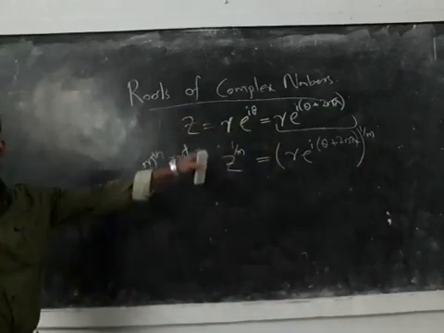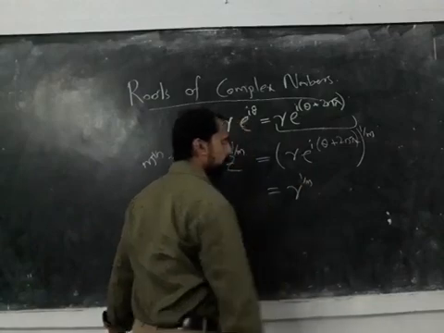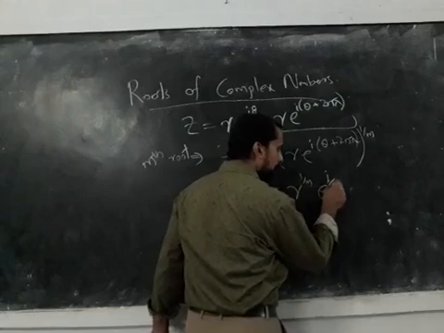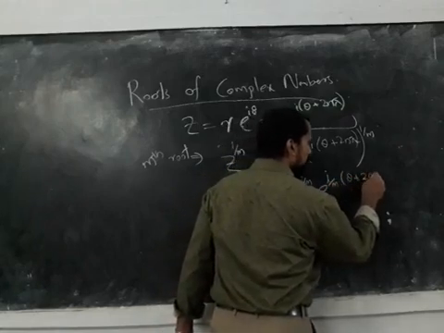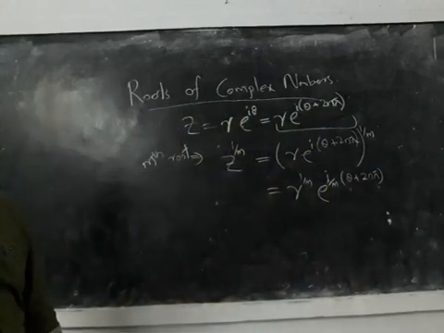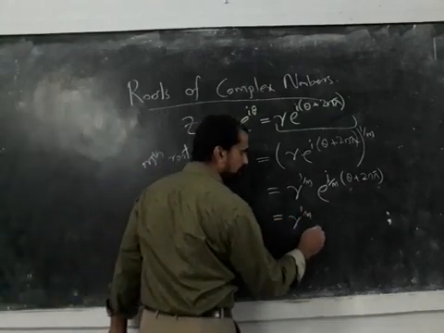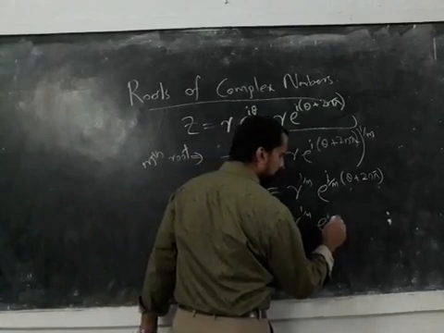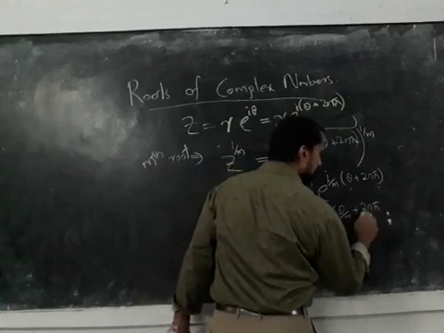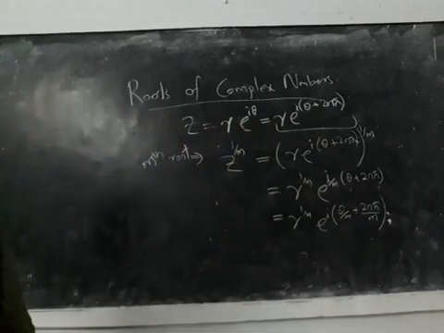Now we will separate because this is a multiplication. So you can write r raised to 1 by m e raised to i by m into (theta plus 2n pi), isn't it? Am I right? Okay. So I will just split it: r raised to 1 by m e raised to i (theta by m plus 2n pi by m). So that will give you the mth root.